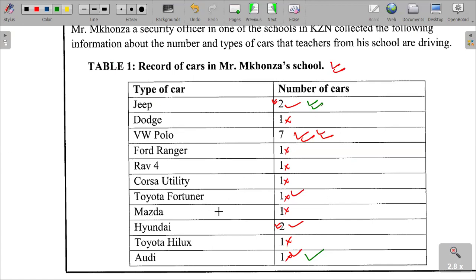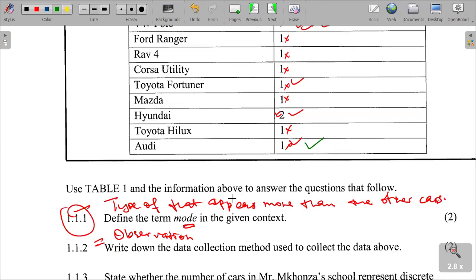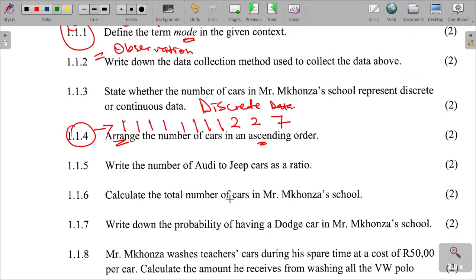So we count the number of cars. So Audi to GP, the ratio is 1:2. I'm sure we understand what I'm doing here. You check the number of Audi cars and then the number of GP cars. So it is 1:2.